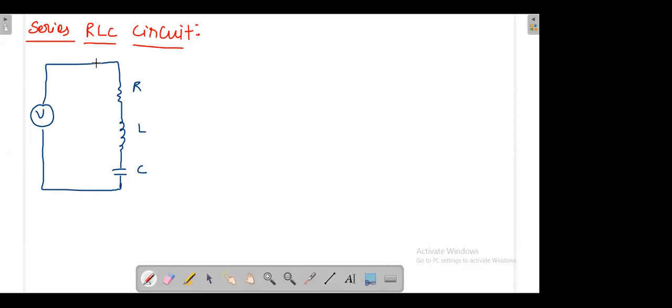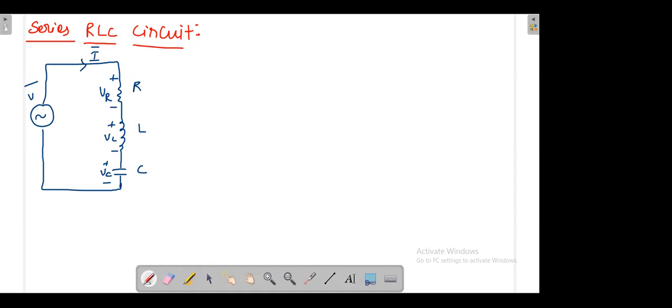In series the current is constant, that is the I vector. The voltage is like a V vector. This is the voltage, and this voltage is VR, this voltage is VL, this voltage is VC.